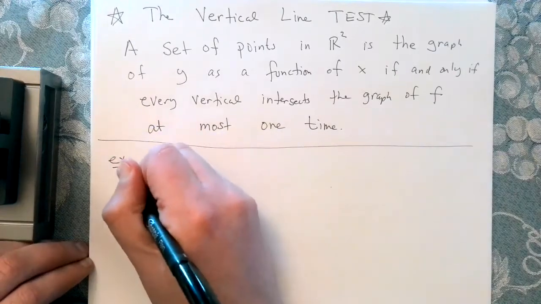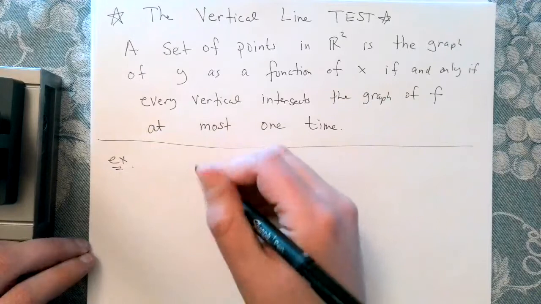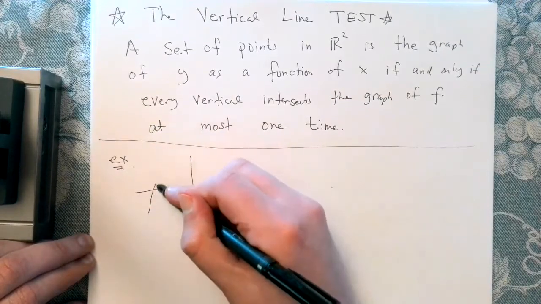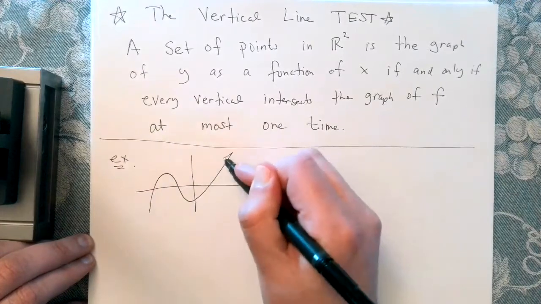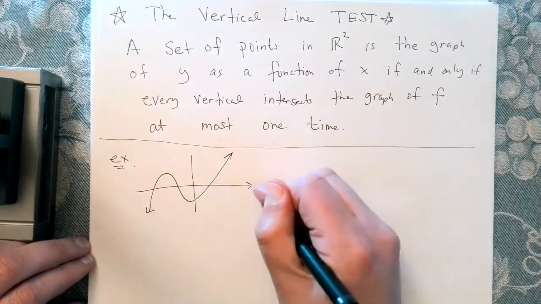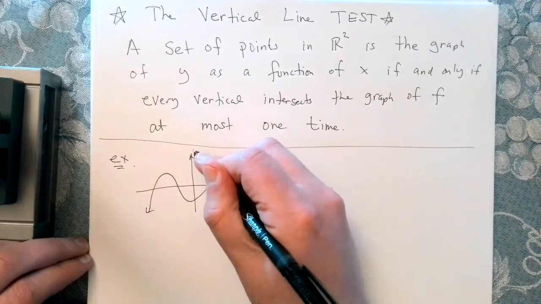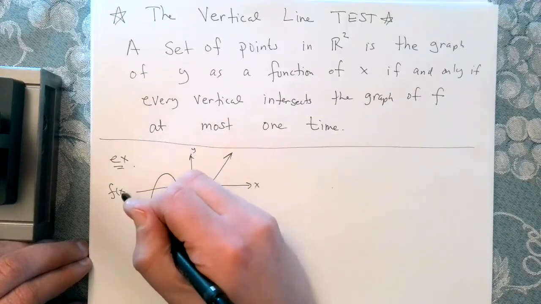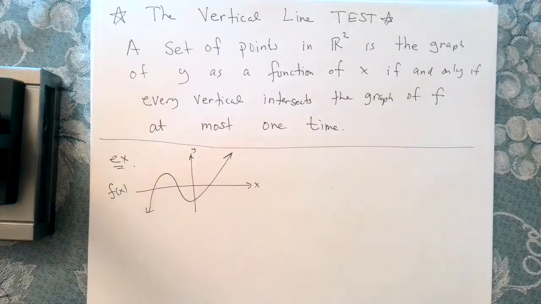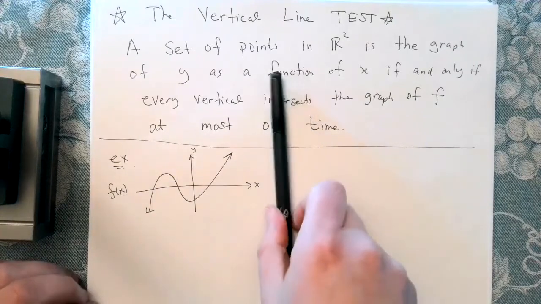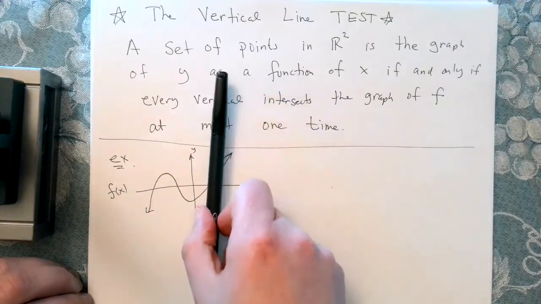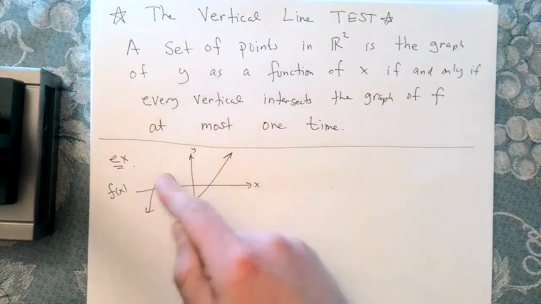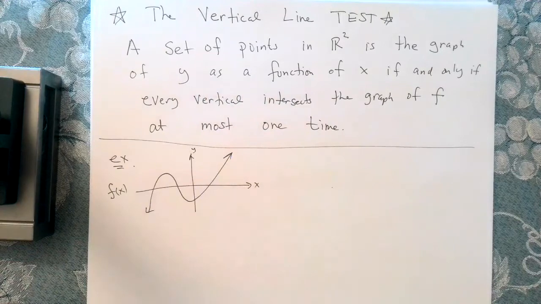So for example, let's consider the following. Here's f(x). Notice, no matter how I construct a vertical line, whether here, or here, or here, that vertical line intersects the graph at most one time.